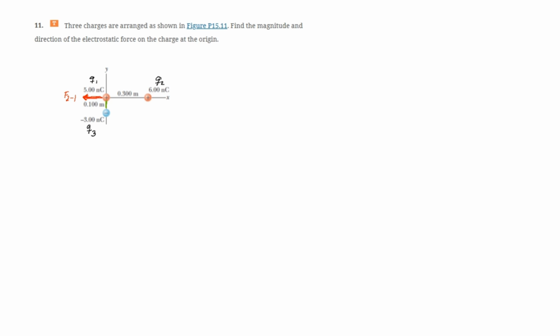That is the force that 3 exerts on 1. So basically, I can just take the charge Q sub 1 out, and then I can represent the forces F21 and F31 on it.